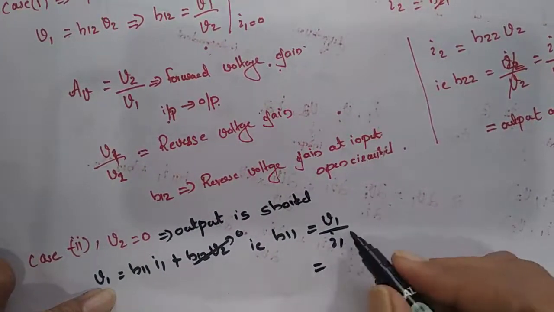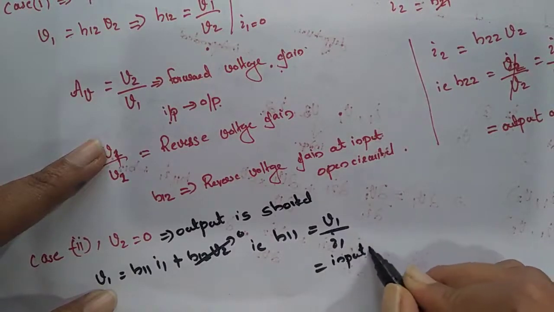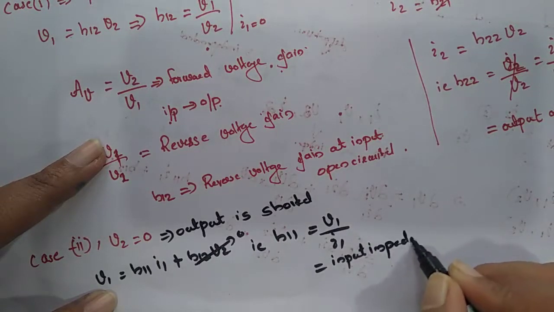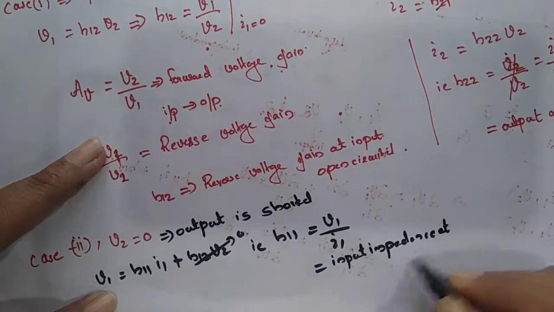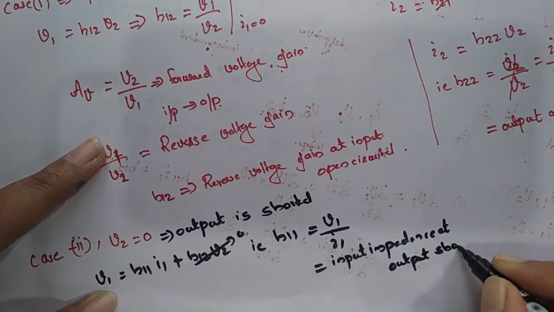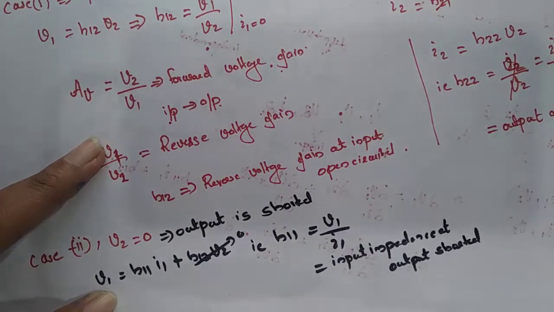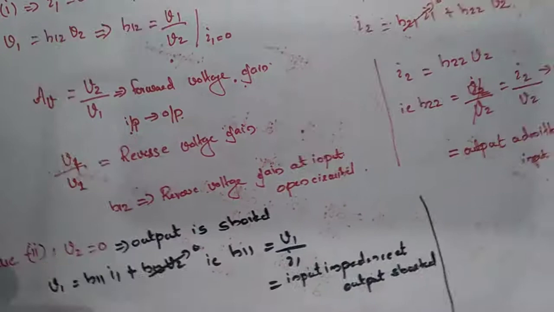What is V1 by I1? Impedance, so it is input impedance with output short circuited. So H11 we call input impedance at output short circuited.